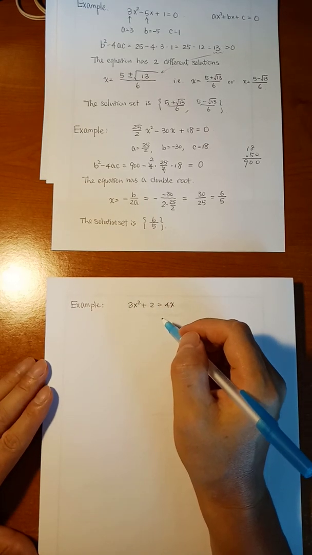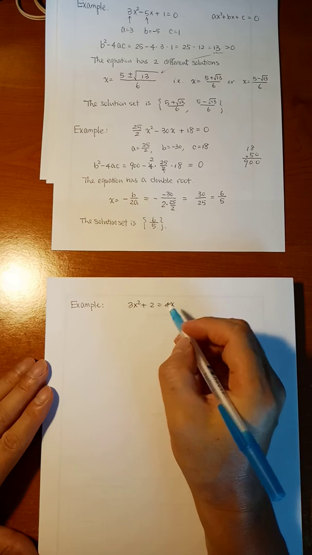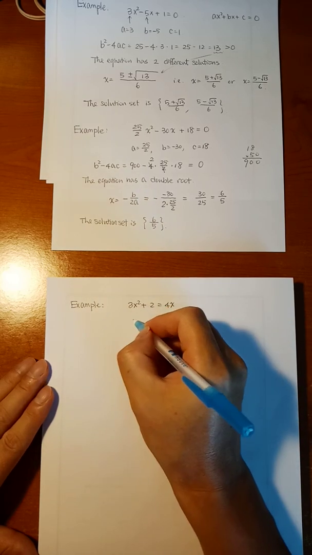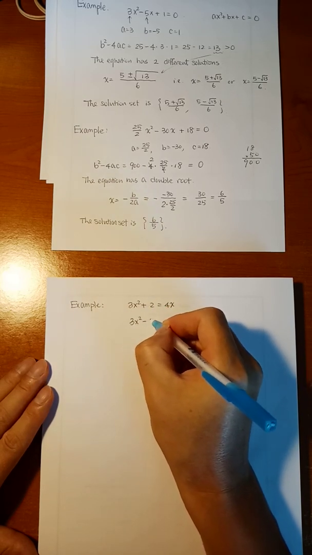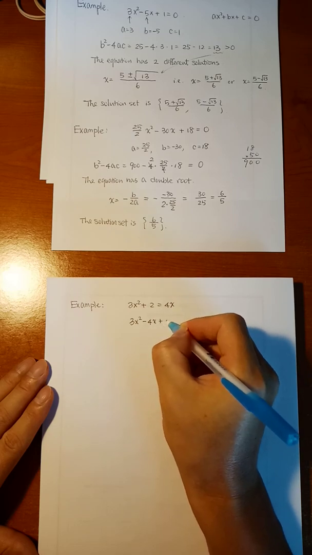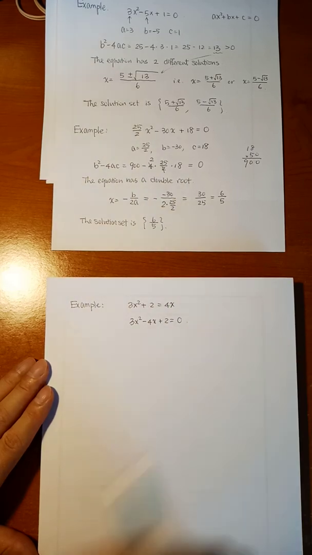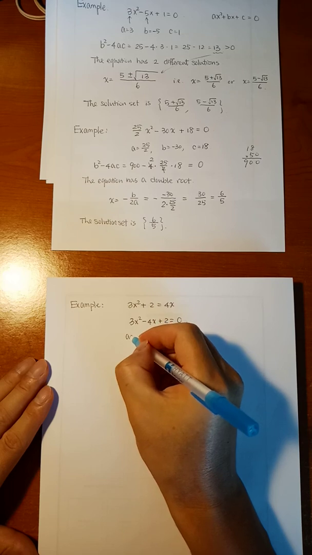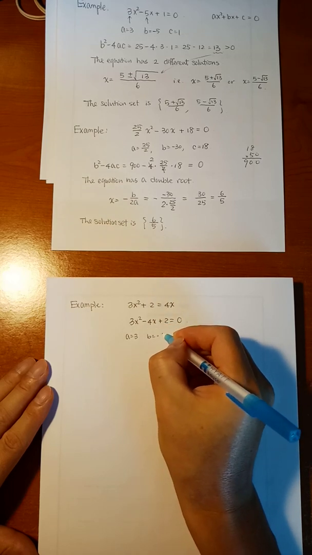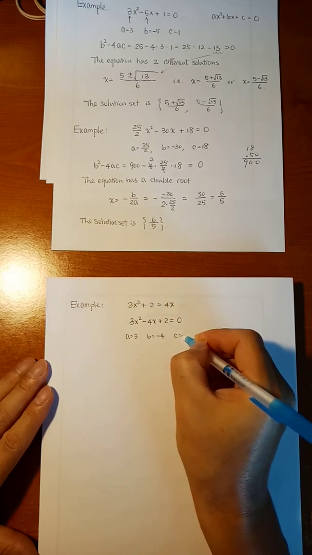A, b, c only appear in the standard form. So here you have to move 4x to the left-hand side. Then you know that a is 3, b is negative 4, and c is 2.